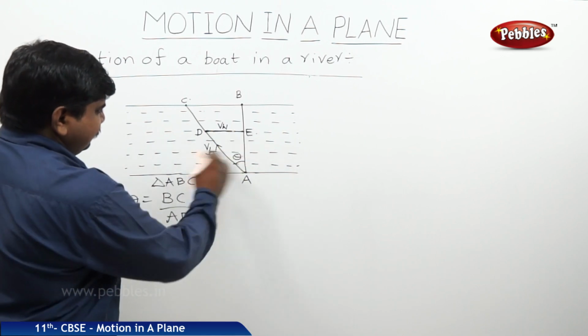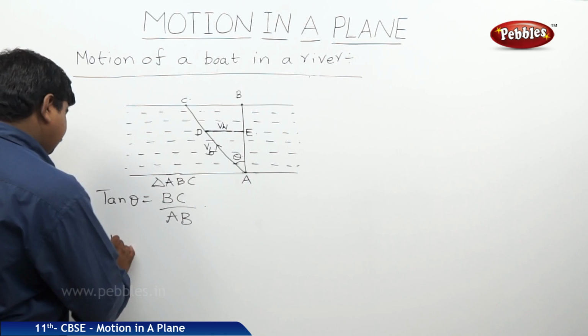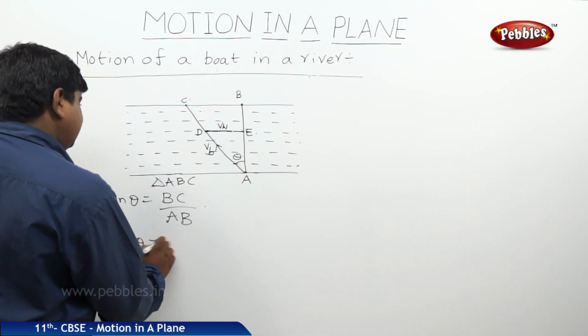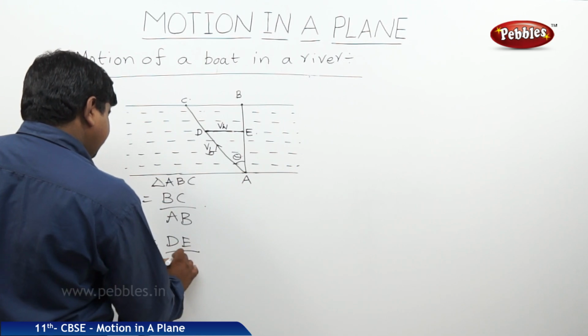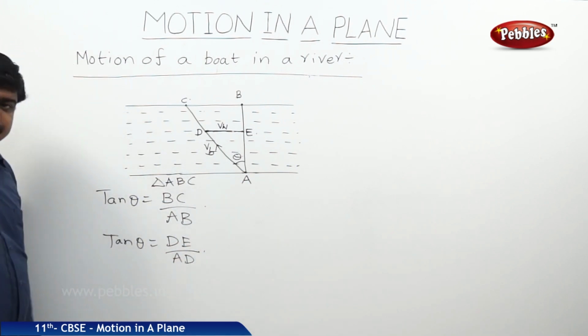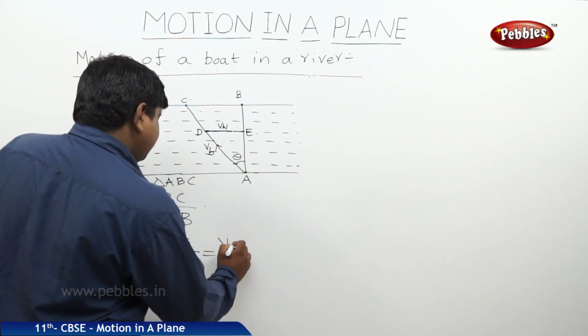But for the diagram which indicates the velocity of water and velocity of boat, from there we can write tan theta is equal to dE by AD. But this dE by AD is nothing but Vw by Vb.